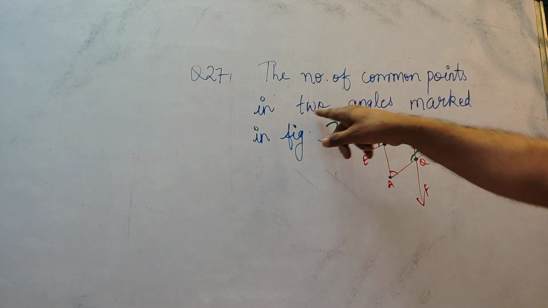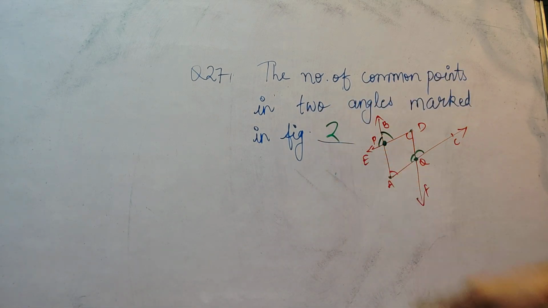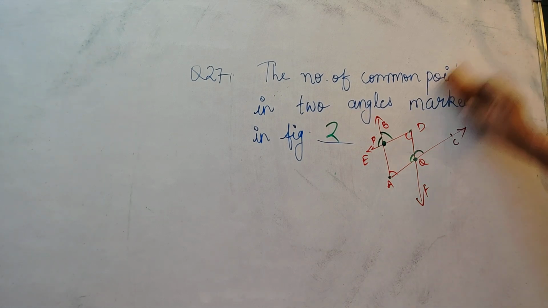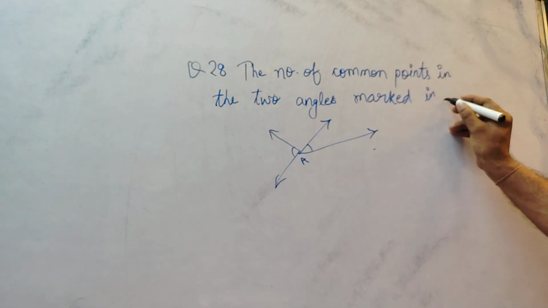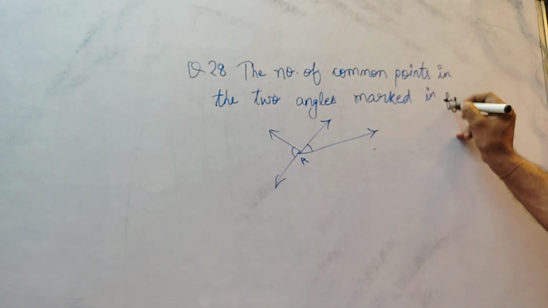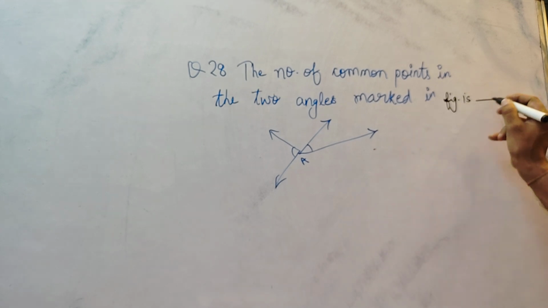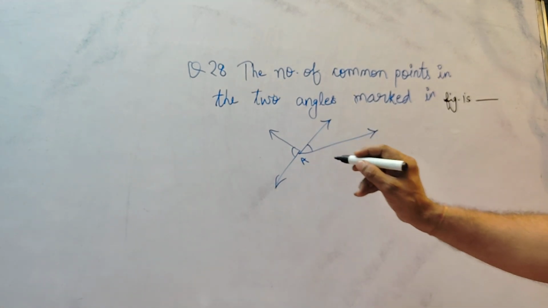So the number of common points in the two angles marked in the given figure. Question 28. The question is: the number of common points in the two angles marked in the figure is dash. So there is the figure given.